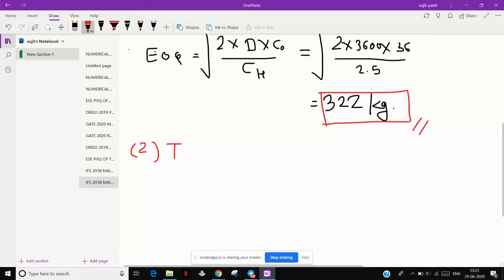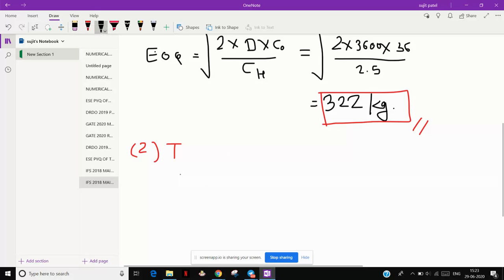For example, this is my first ordering time, and after some time my raw inventory finishes and I reorder again. The time between these two is known as the time between two consecutive orders.